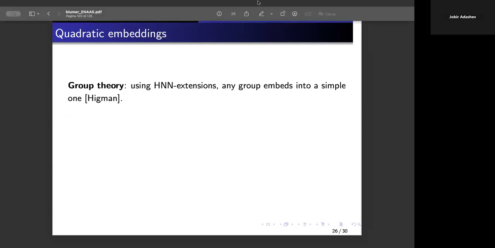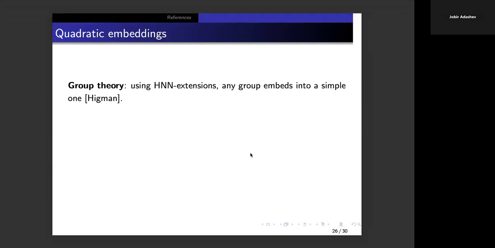The last part of the talk will deal with the quadratic embeddings of graded Lie algebras into quadratic ones. The motivation for studying this comes from both group theory and Lie algebra theory.